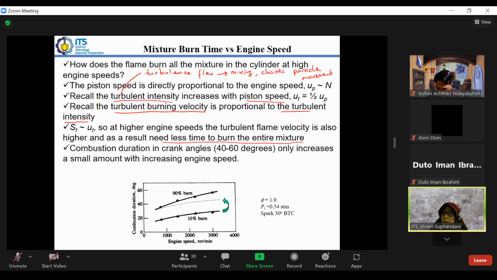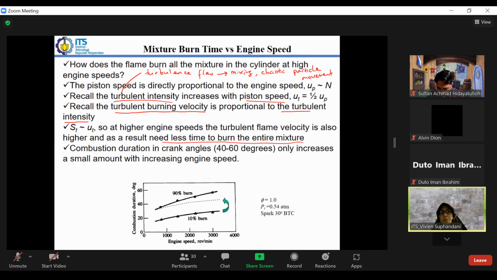If we have a higher engine speed, that causes turbulent flow inside the cylinder. When the turbulence intensity increases inside the cylinder, it will be burned faster. So in this case, this is fortunate for us, and there will be no problem because we have a higher flame velocity.